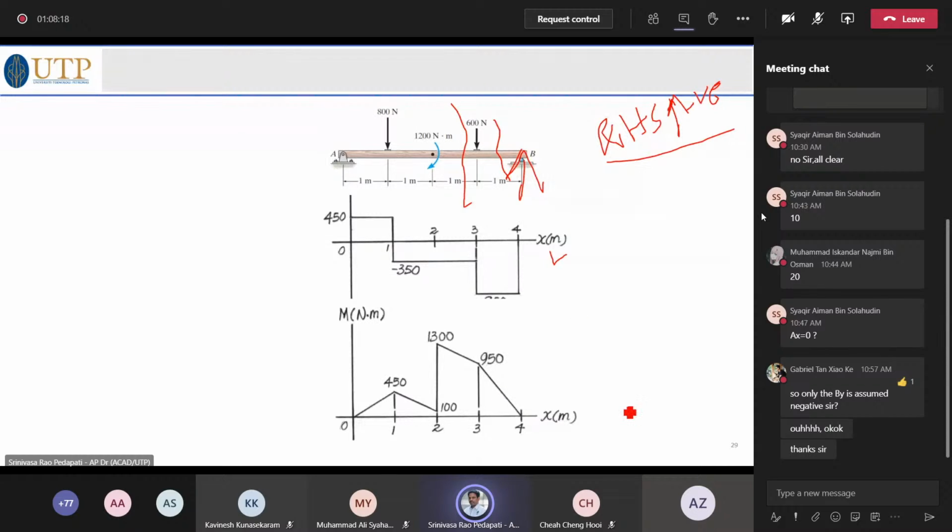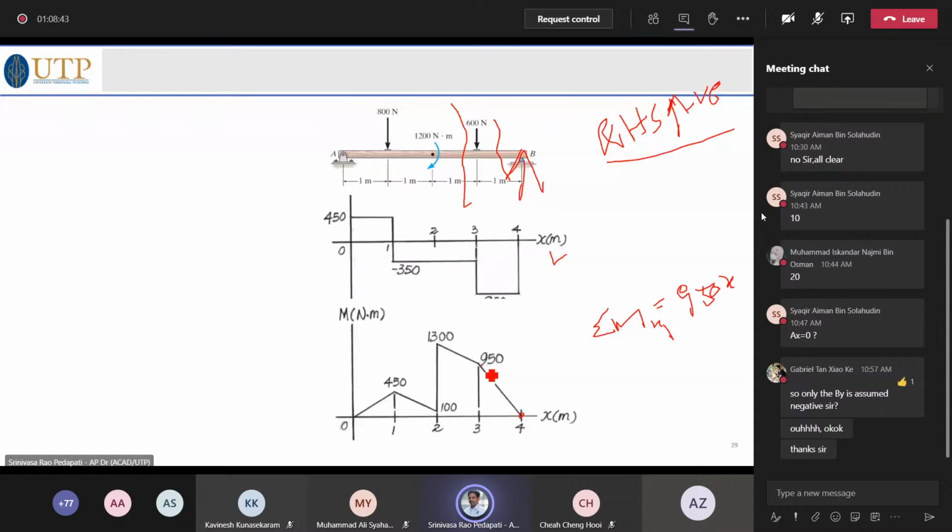So sigma m at section 1, let me call it mx1, is equal to 950 times x. X is 0, 950 times 0, 0. X is equal to 1, 950 times 1, therefore 950.